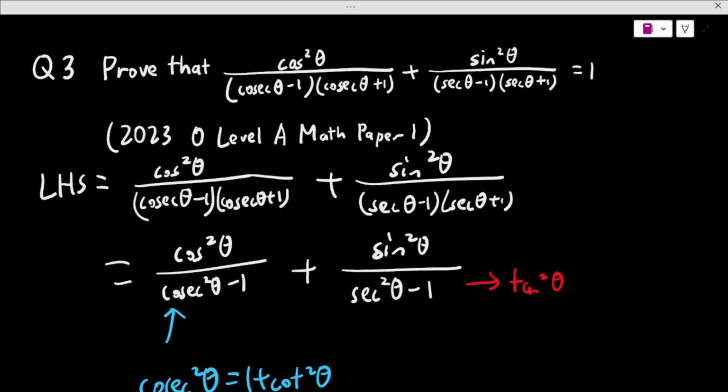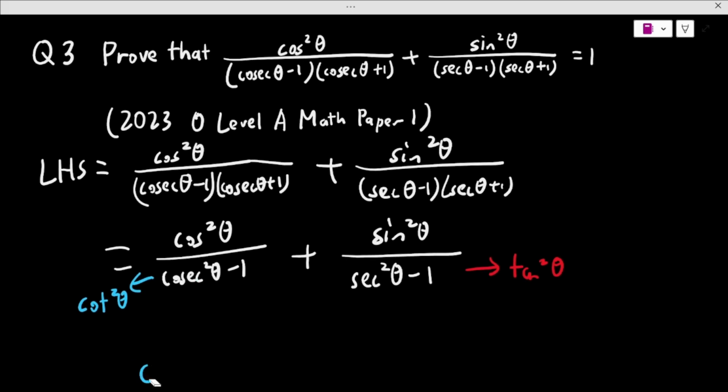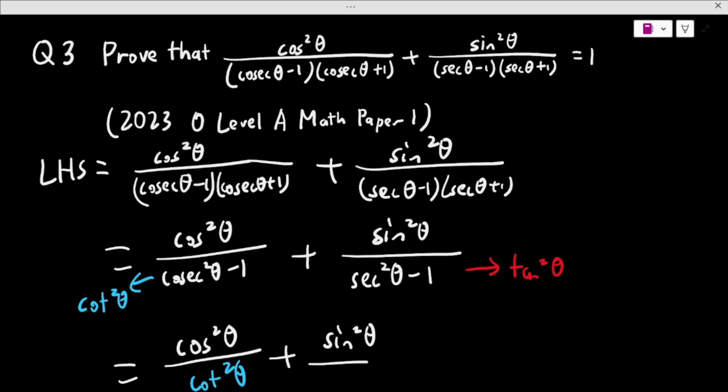So the denominator in this case is just going to be cotangent square theta. Alright, let's go ahead and re-express all this. Cosine square theta over cotangent square theta plus sine square theta over tangent square theta.